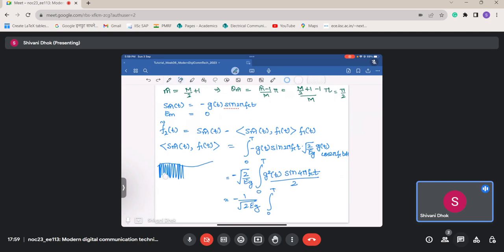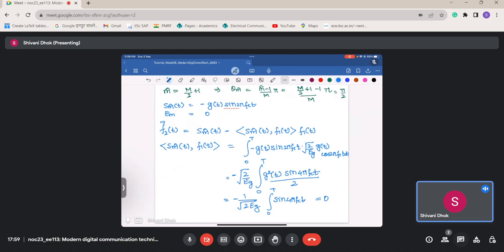So I can approximate this gt as not affecting anything. So this is approximately equal to sine 4 pi fct, and this t is basically some integral function of 1 by T, so this goes to 0. Okay, so this inner product is equal to 0.